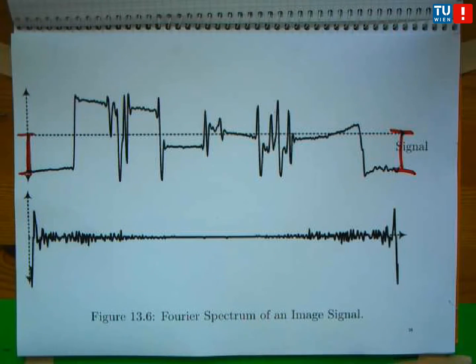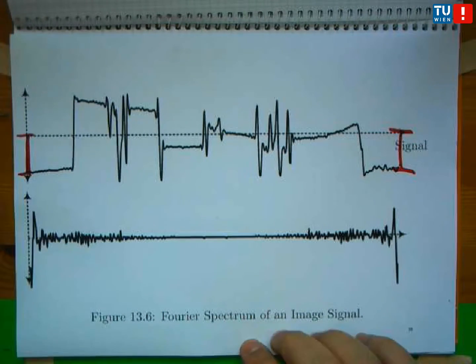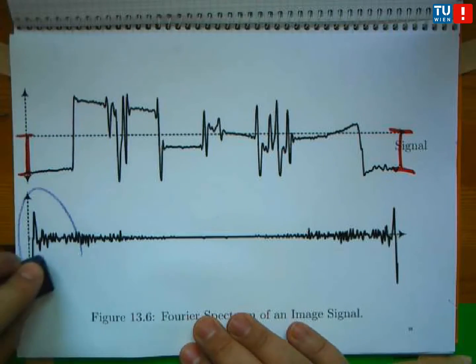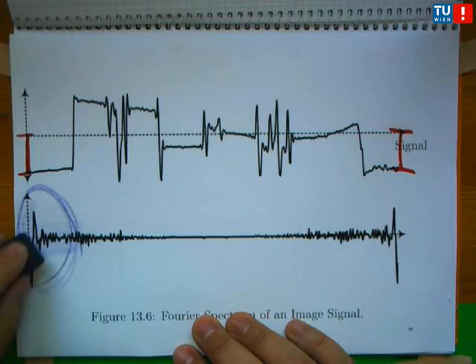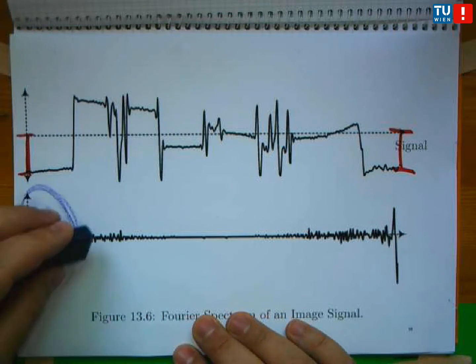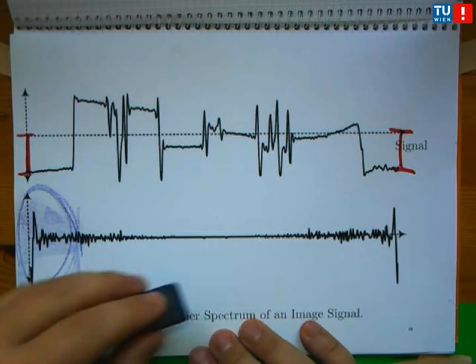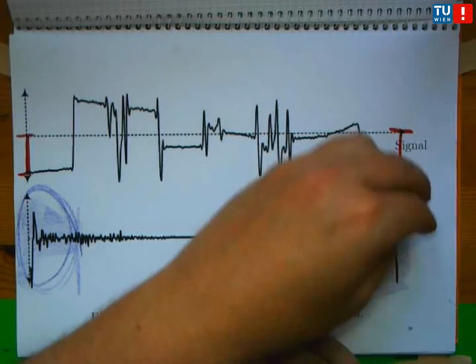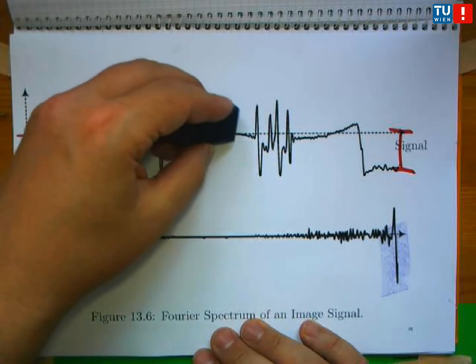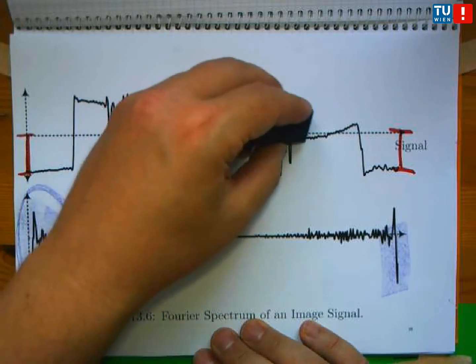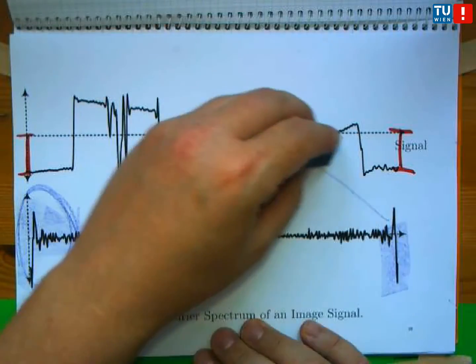Okay, so what does the Fourier spectrum look like? For an image signal, apparently the vast majority of the information is here, so there is something like a fundamental frequency. It is not clearly defined, but it peters out into the area of the base signals. And there is a lot of high frequency information. These minimum deviations are smoothed by the high frequency components.